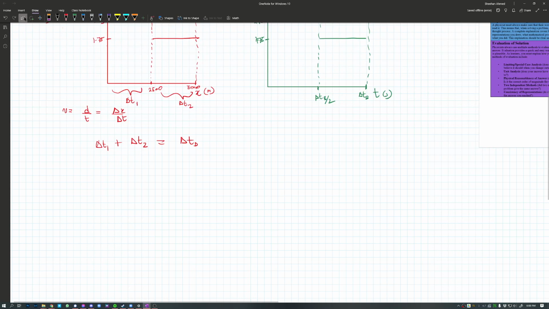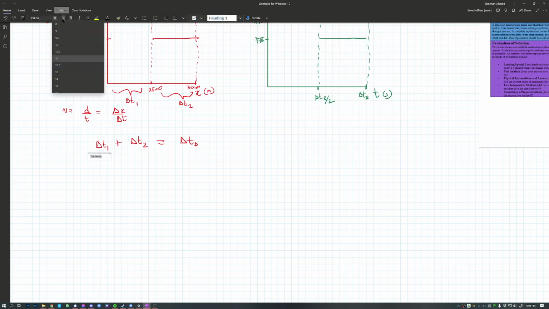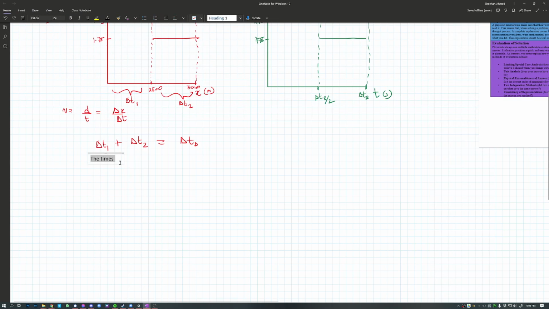Let's see, there's a way to type things here. The sum of the times taken for each part of the journey should add up to the total time for the trip.